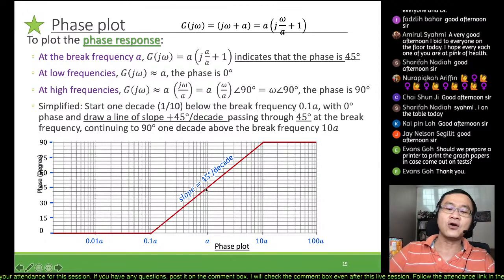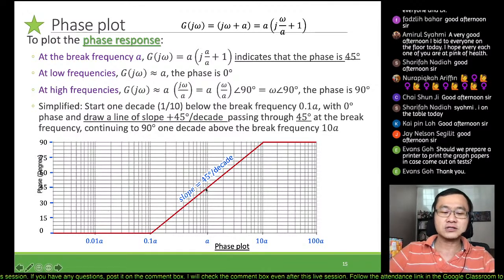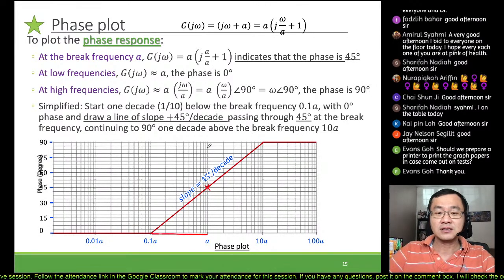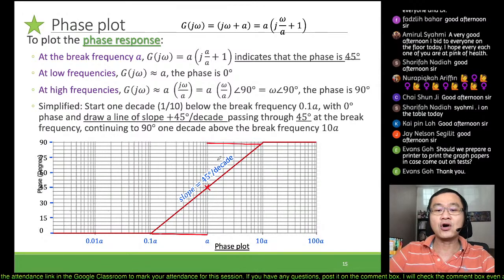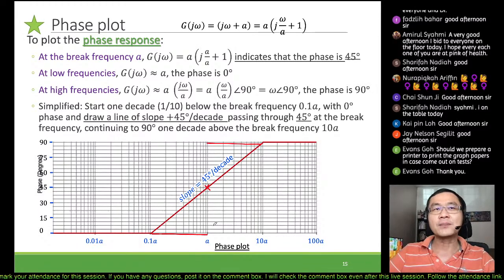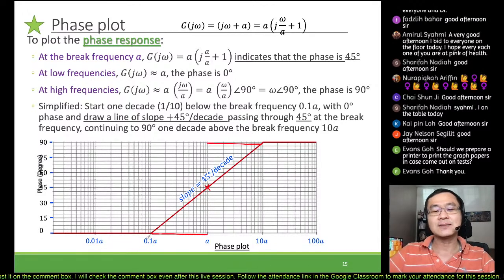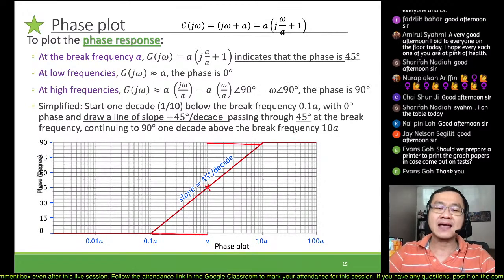If we plot the line straight, then we have a discontinuity. So in order to approximate better, we would expect a transition between the low frequency and the high frequency in the form of phase angle, right?